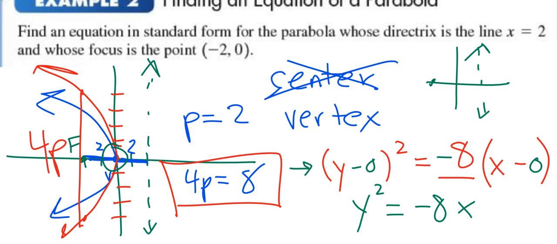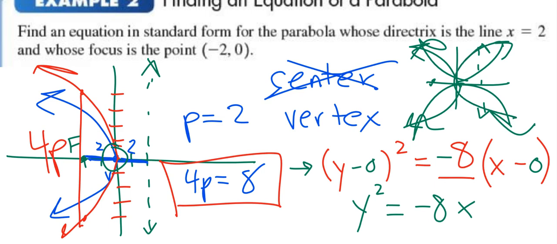Ms. Johnson was asking me about that earlier, and you have to know that that opens left because the directrix cannot be contained. Nothing of the directrix can hit that parabola. So if I went up, I'd be crossing that directrix. If I went down, I'd be crossing. If I went right, I'd be crossing. It has to go away from. That's why I keep asking, is the directrix inside or outside?